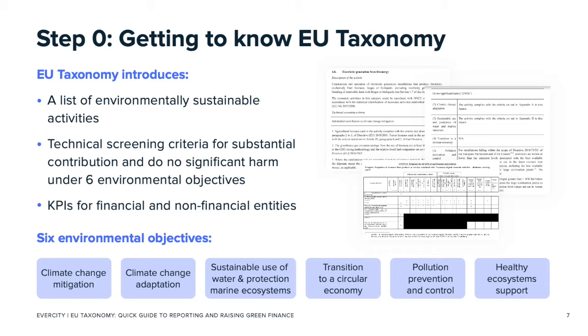These activities cover many sectors of the economy, not all of them. For now, for example, agriculture, pharmaceuticals, manufacturing of different consumer goods is not included in taxonomy. It's more about energy or manufacturing of some raw materials like metals and so on.